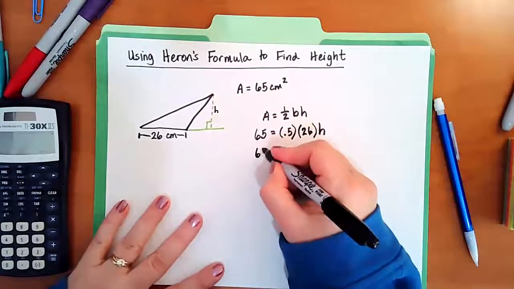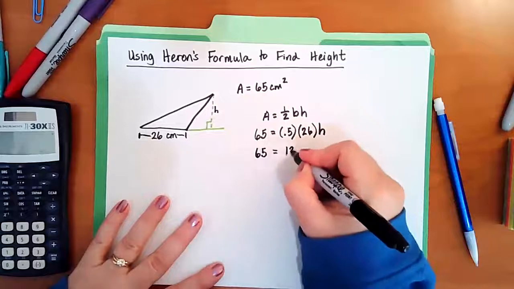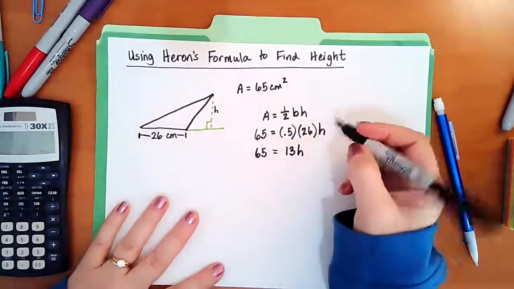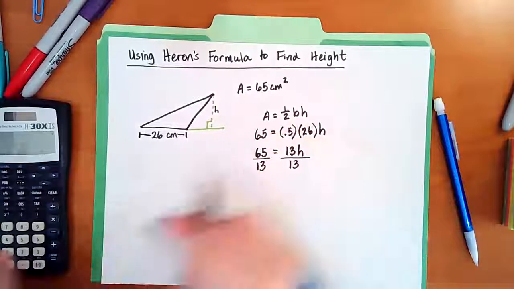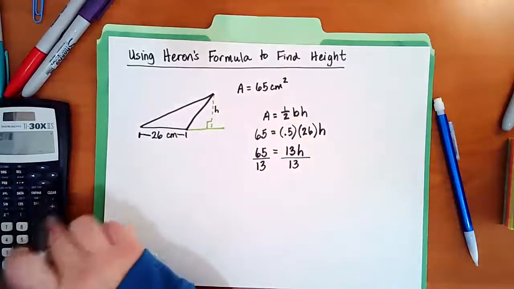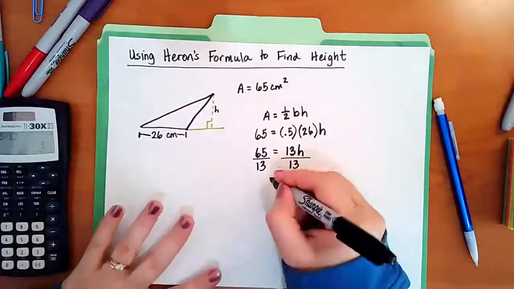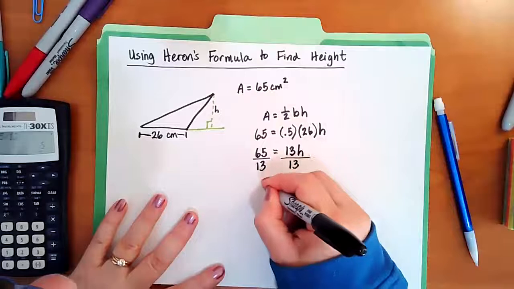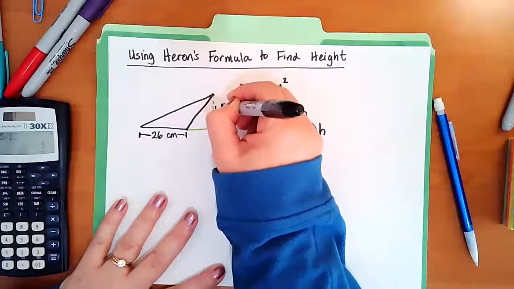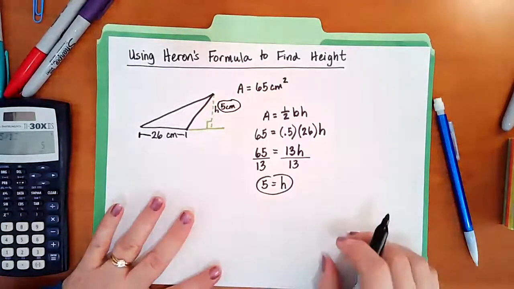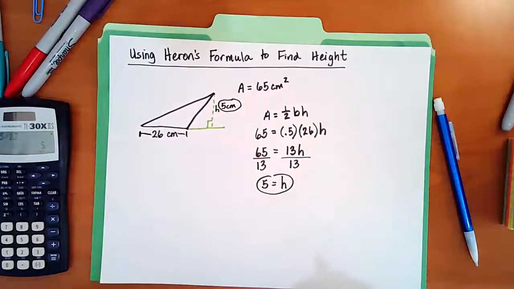So this is going to be 65 equals 13h. And if I divide both sides by 13, 65 divided by 13 is 5. So h equals 5. So my height is 5 centimeters.